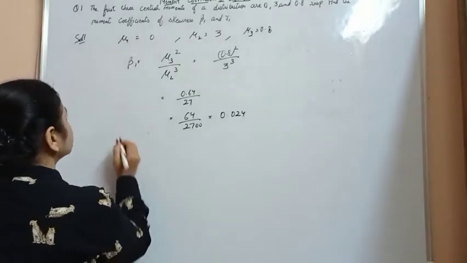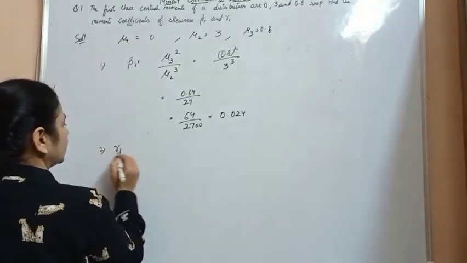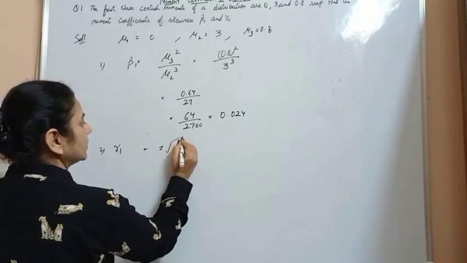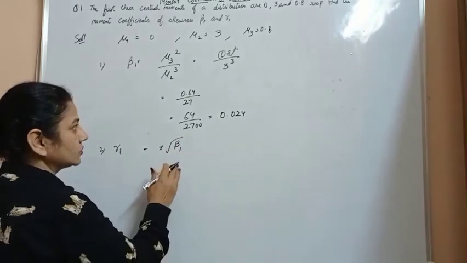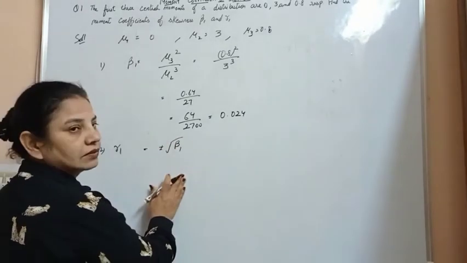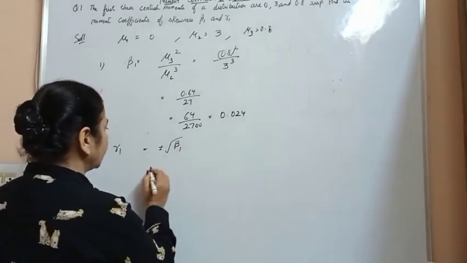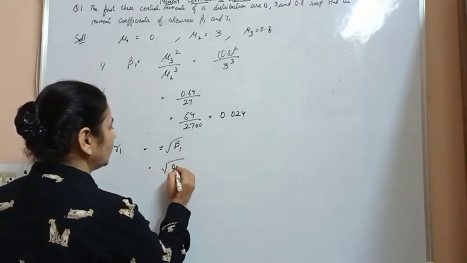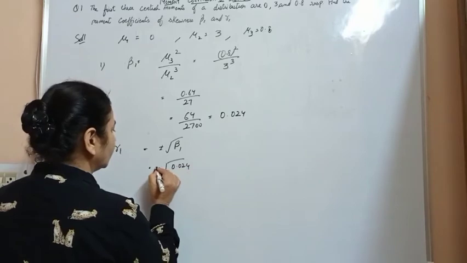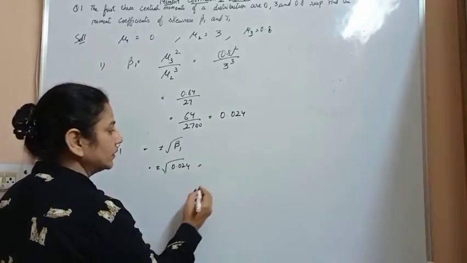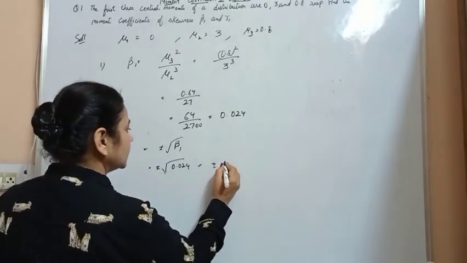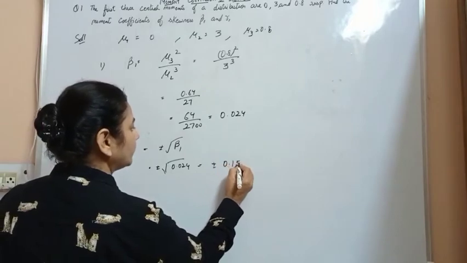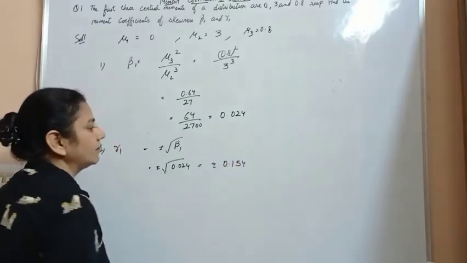Next, we have to calculate gamma 1. Gamma 1 is plus minus under root beta 1, that means the moment coefficient of skewness. Substitute the value, you will get under root 0.024. Taking the square root of this, you will get plus minus 0.154.